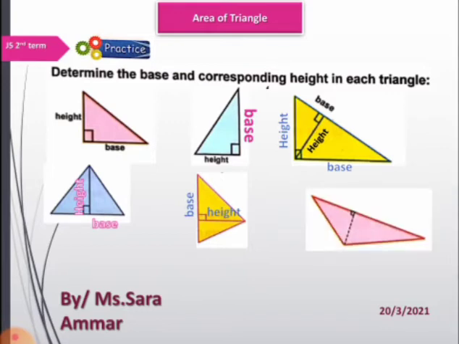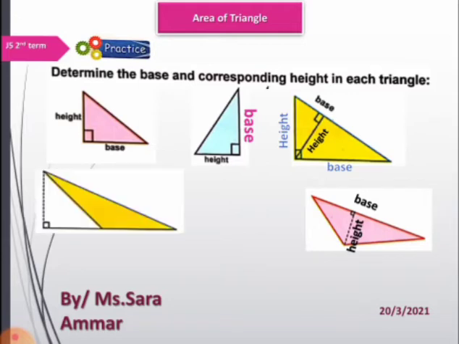As for the obtuse angle triangle, we find that the height perpendicular to the greatest base is drawn inside of the triangle. Again, the height perpendicular to the greatest base in an obtuse angle triangle is drawn inside of the triangle.